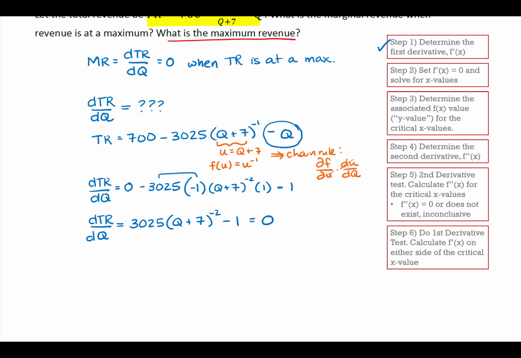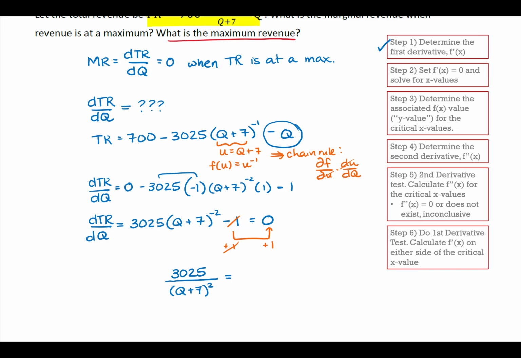I'm going to move -1 over to the other side by adding 1 to each side. My 1's cancel out here. On the left-hand side, I'm left with 3025 times (Q plus 7) to the power of negative 2. So instead of writing a negative exponent, I'm going to put it back in the denominator, (Q plus 7) squared.